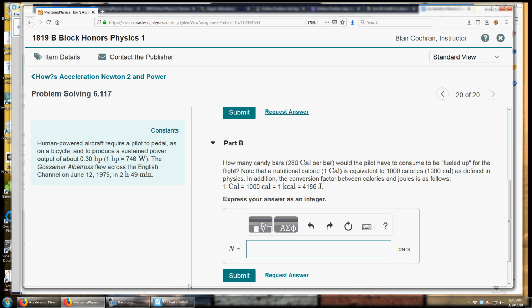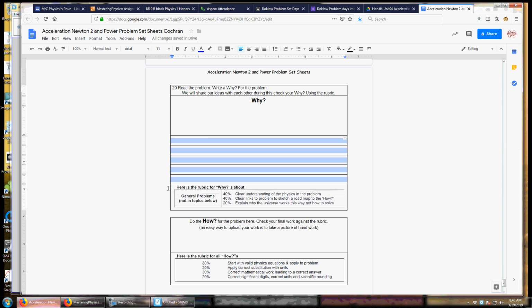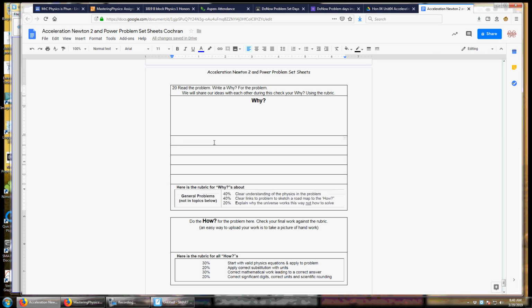All right, so let's think about it. I think this is all about power and how that works with energy and work. So I'm going to start off by showing I understand what power is. Power is the rate that I do work.